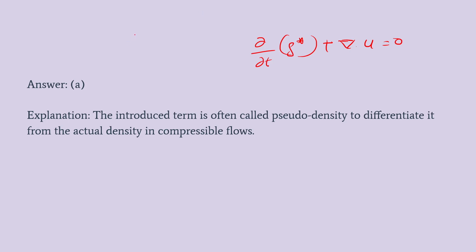Normally, the continuity equation is del dot u is equal to 0 for the flows, but in artificial compressibility method, we introduce this transient term in the equation and make it dou by dou t of rho star plus del dot u is equal to 0. So this term is something we are adding new.